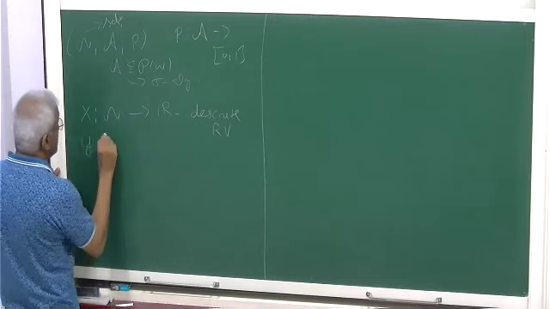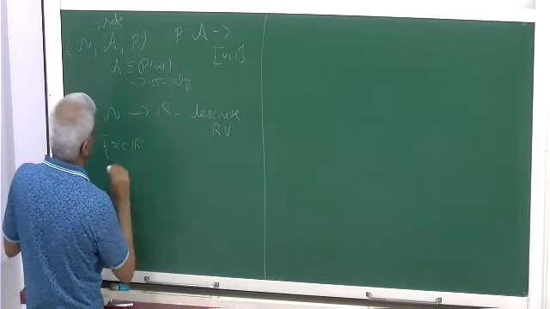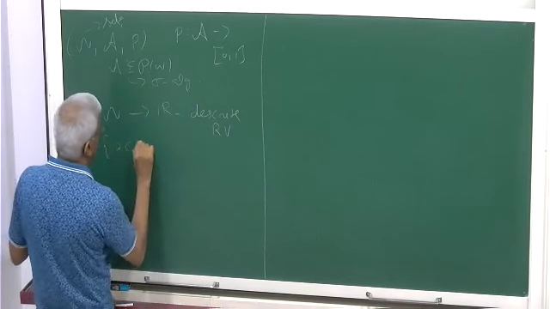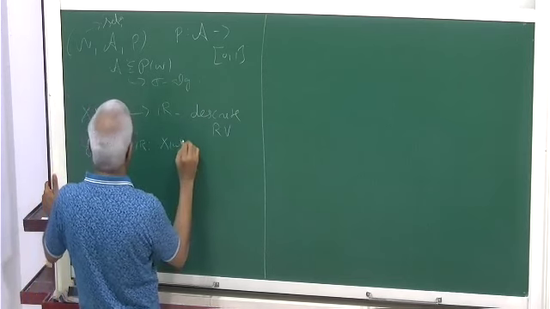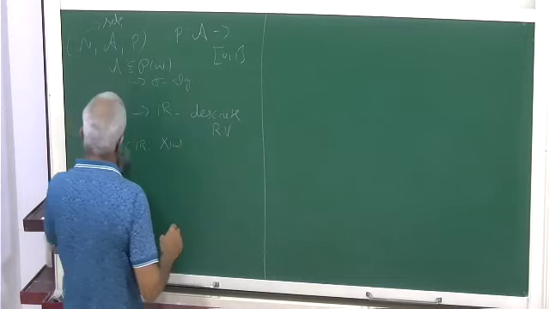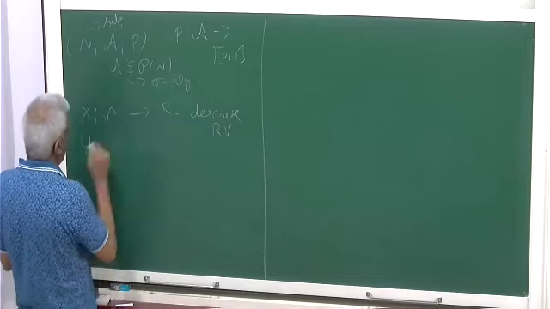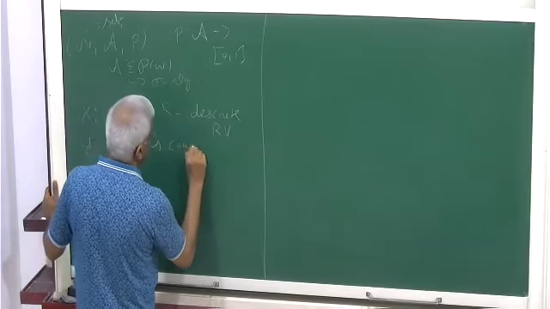So this is just the range of X, which is countable if it is discrete.